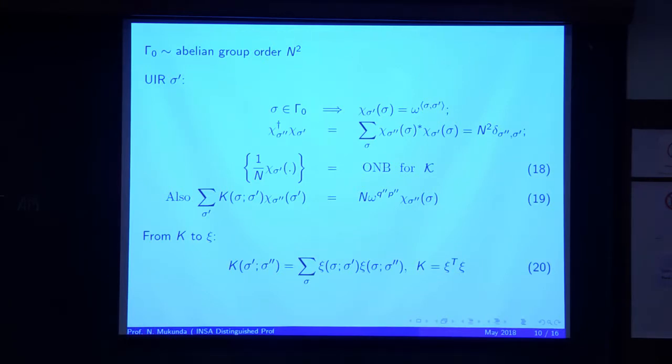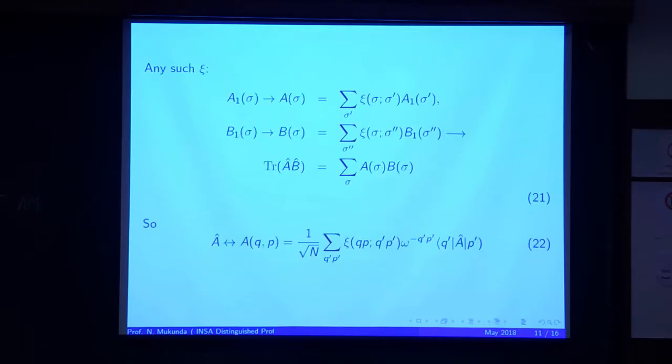Then with any such psi, obeying this relation, you have a way to propose a Wigner type description of operators. You take the previous description, the Dirac prescription, attach xi to it and call it A. Take B1, attach xi to it, call it B, and the trace looks so simple.